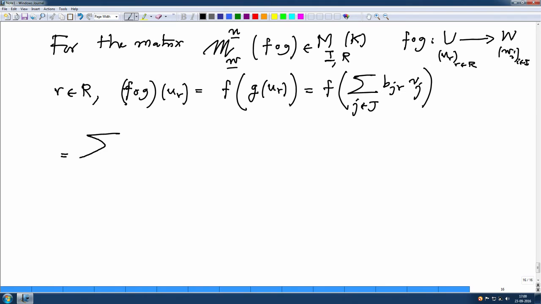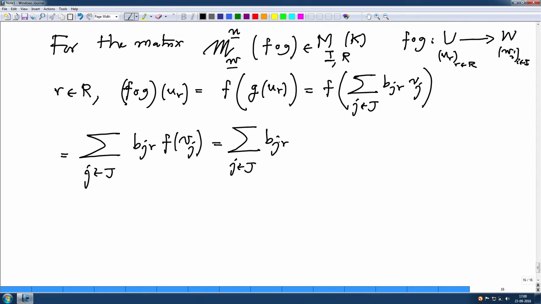So this is summation J in J, B J R comes out, and then I apply F to V J. But F of V J I know, so this is the same as summation J in J, B J R, and then I write this in terms of WIs.